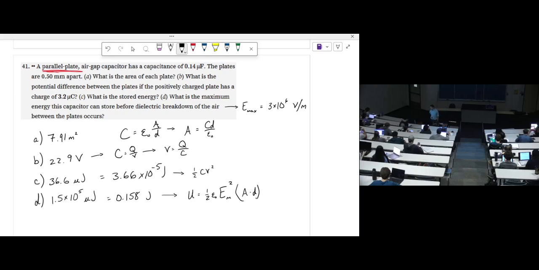Man, we've only got 16 minutes left. Time flies when you're having fun. Yes, Maggie. The dielectric breakdown electric field, the max electric field strength. Okay, let's see, what else do we have here? That and that.